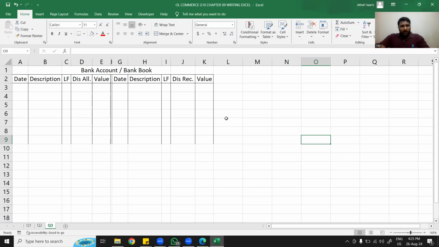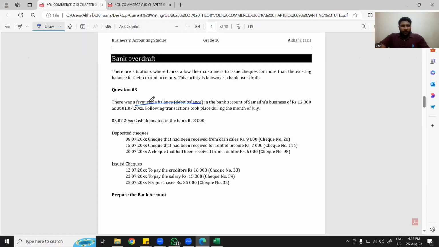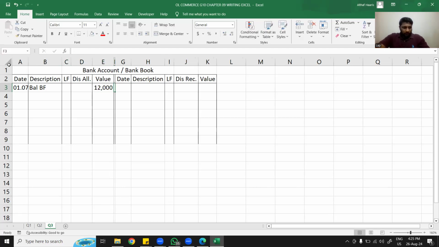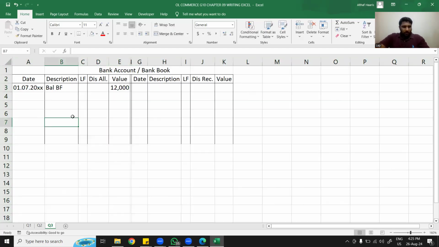Okay, let's record. First one, they are telling it's a debit balance. Opening balance debit. 1st July 20XX, balance BF 12,000.